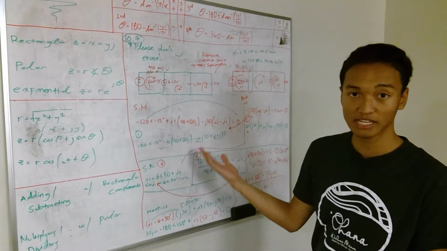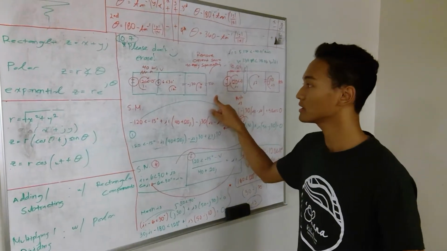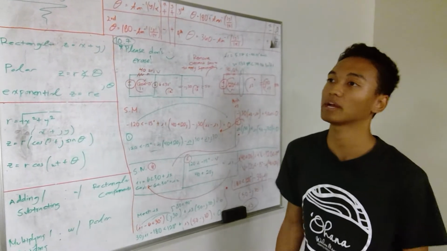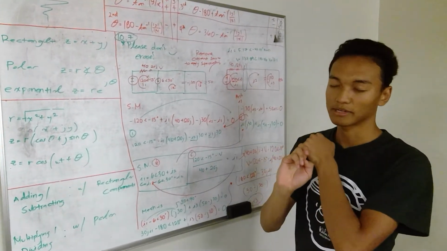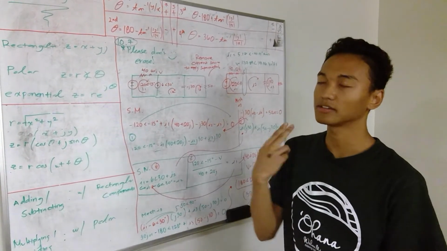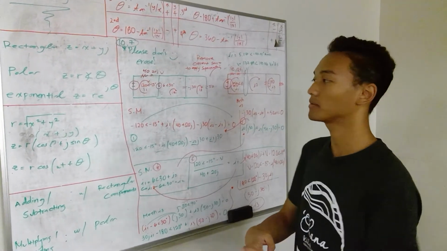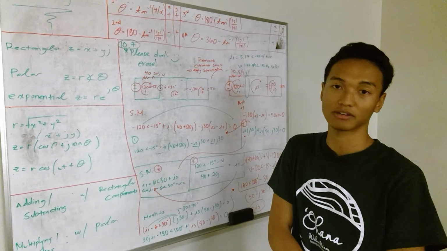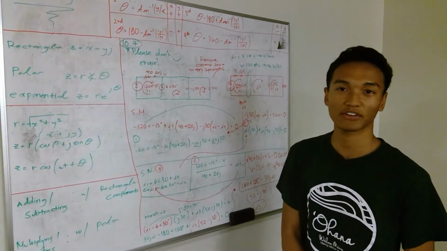So for 10.7, you're given in the book a current source and a voltage source. You can approach this in different ways: mesh analysis, nodal analysis, or even superposition. I'm kind of curious how you would apply superposition to see how it affects your answer.